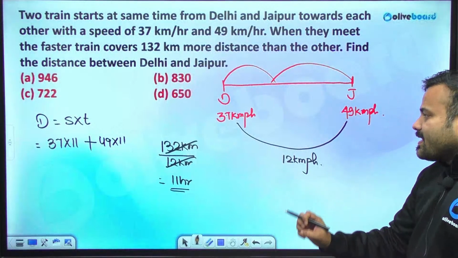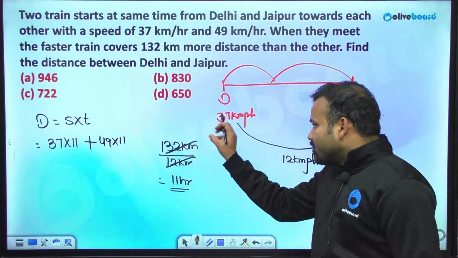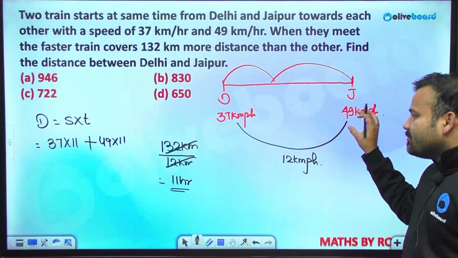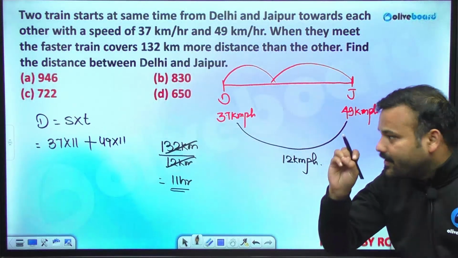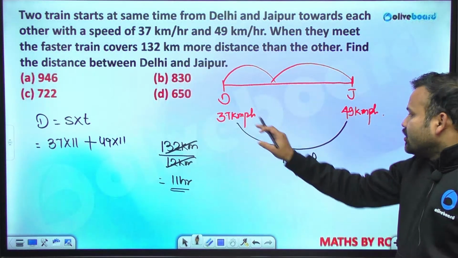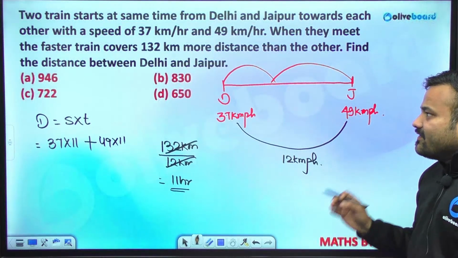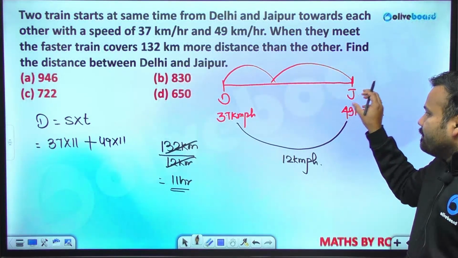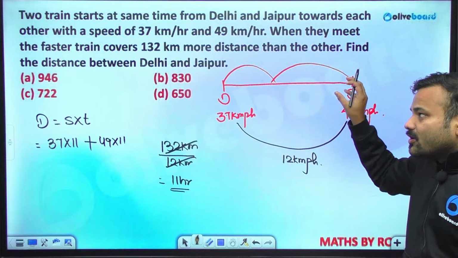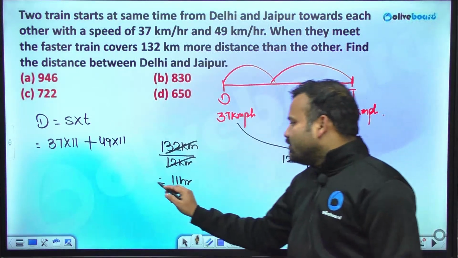Again, one is traveling at a speed of 37 km per hour and the other at 49 km per hour. For a 1 hour period of time, he is covering 12 km more distance as compared to the first train. And whenever they are meeting, this person is covering 132 km more. So the entire time will be 11 hours.